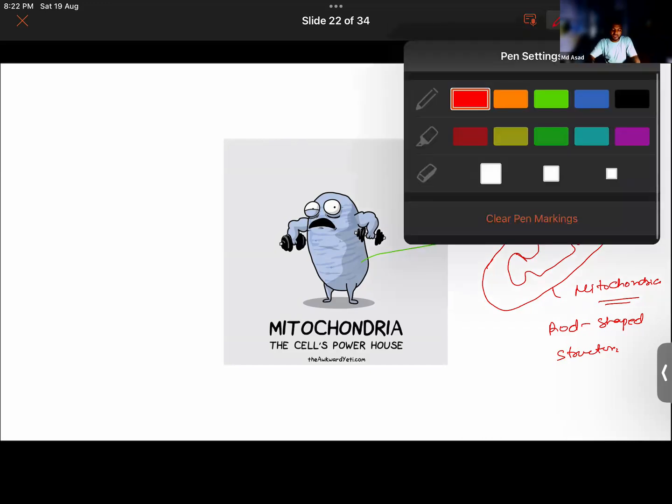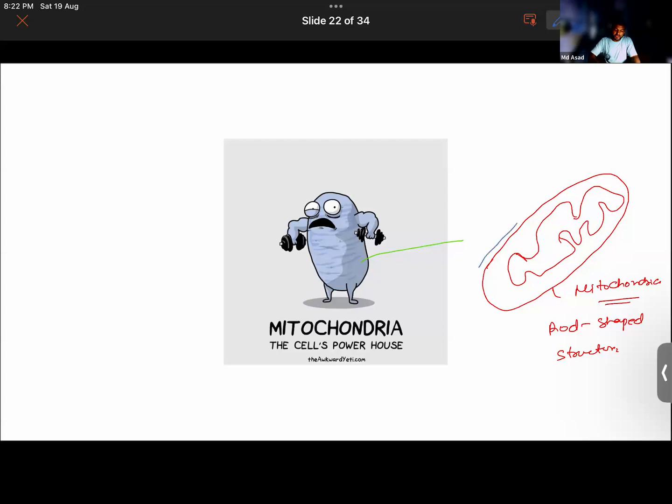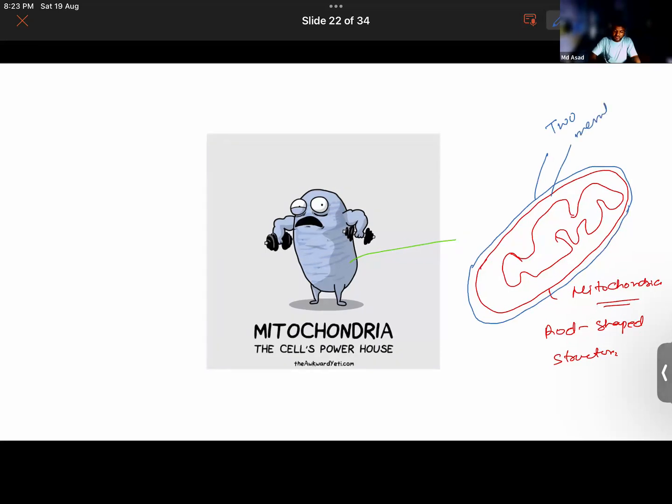But the interesting part is that there are two membranes. So far, of all the organelles we talked about, they have only a single membrane, but this mitochondria has two membranes around its body. Remember this very important fact about mitochondria, guys.